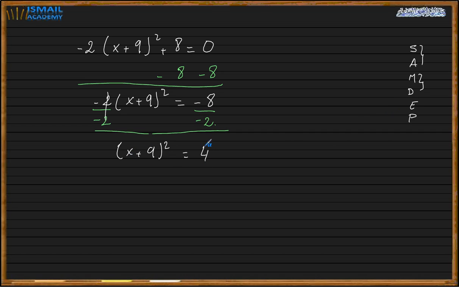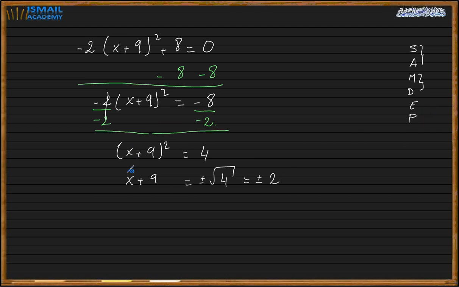This is positive, so I'm going to take the square root, using the exponent property of one half, but we just call it the square root. So I'm going to take the square root of both sides. So I will end up having x plus 9 equal plus or minus square root of 4, which is plus or minus 2. The last thing is parentheses.